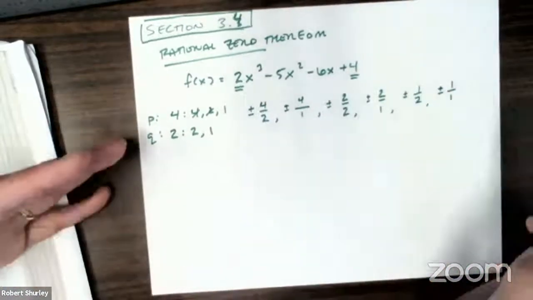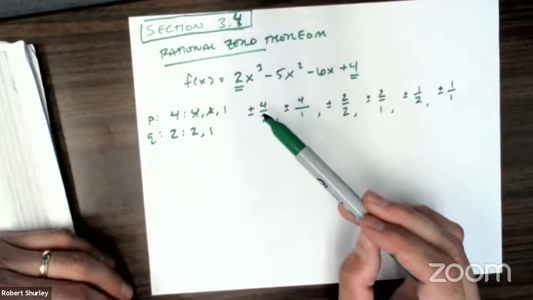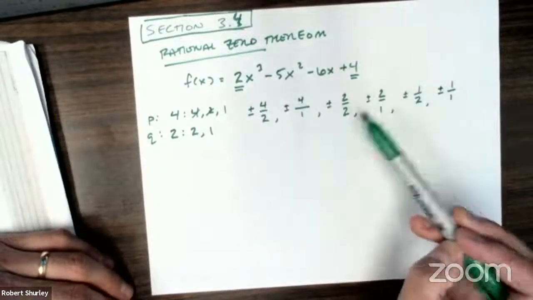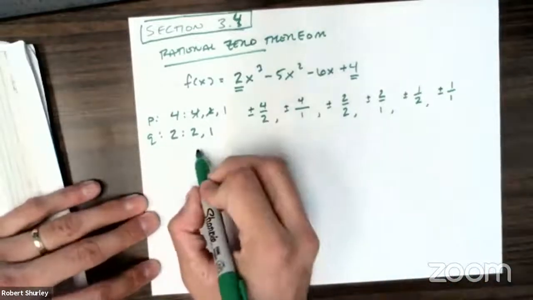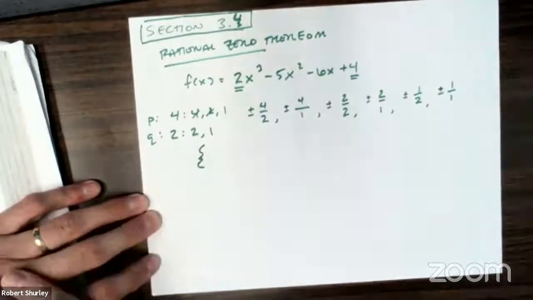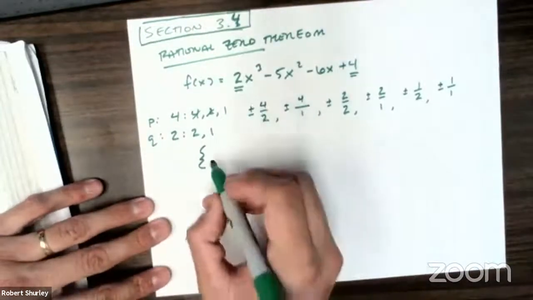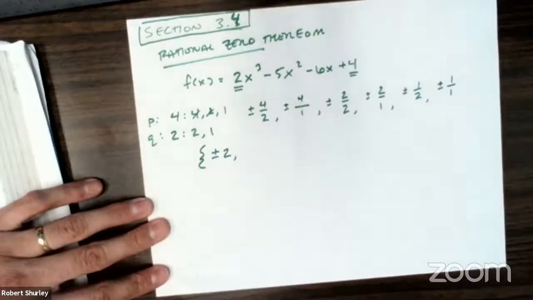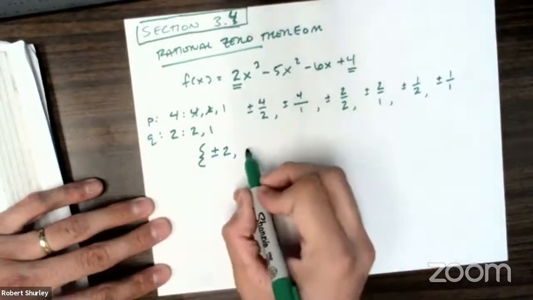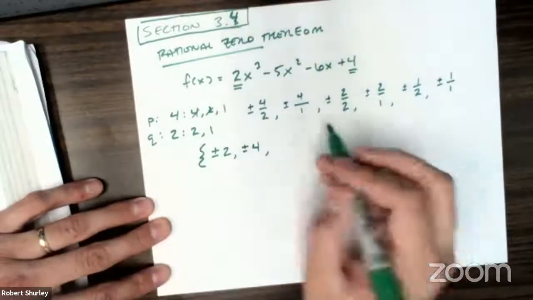Now I'm going to clean this up because, as you can tell, there's repetition. 4 divided by 2 is 2. It's there and it's there, right? 4 doesn't repeat. 1 repeats as well. So I'm going to clean this up and write it as a set. To write it as a set, we use the squiggly brackets. I'm going to start right here. 4 divided by 2 is 2, so plus or minus 2. 4 divided by 1 is just 4. 2 divided by 2 is 1.